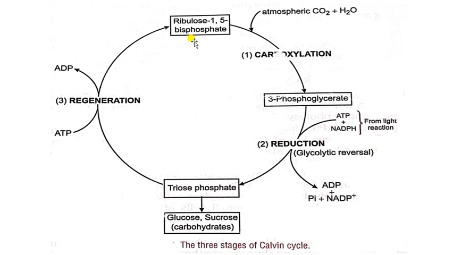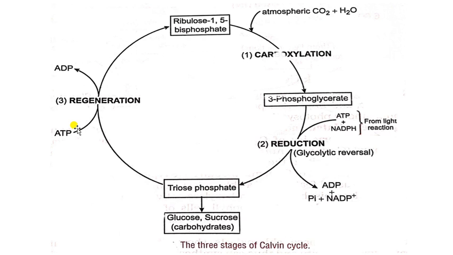For the continuous function of Calvin cycle, there must be a regular supply of ATP and NADPH. The fixation and reduction of one molecule of carbon dioxide thus requires 3 molecules of ATP and 2 molecules of reduced NADP coming from photochemical reactions.